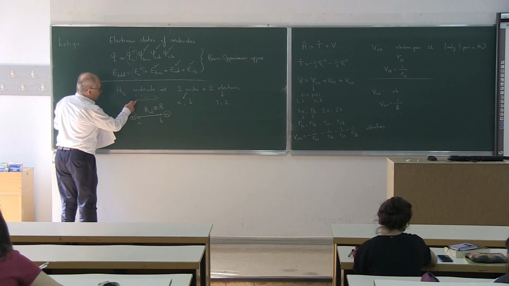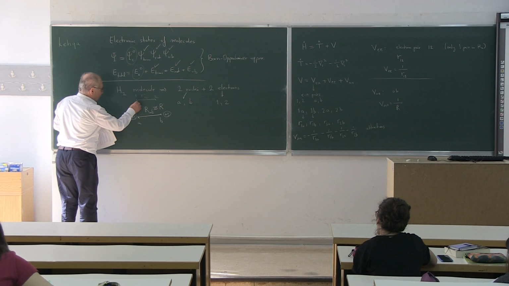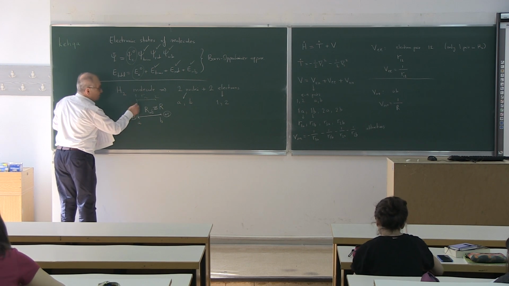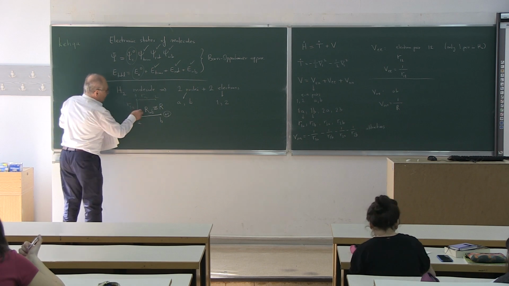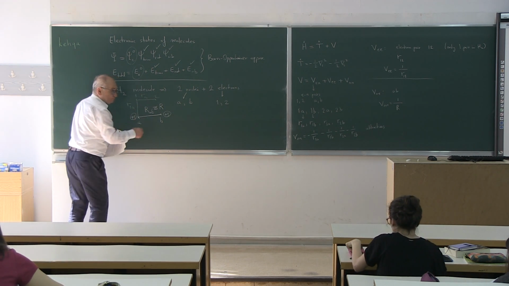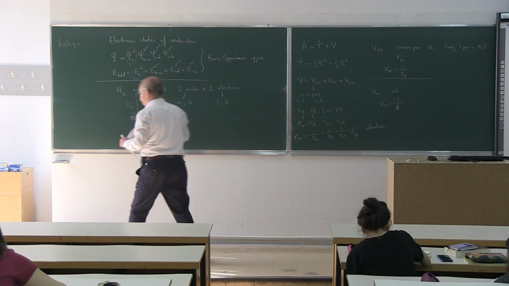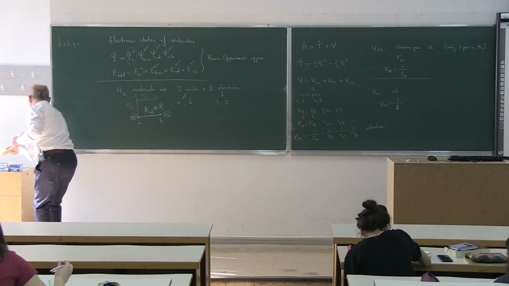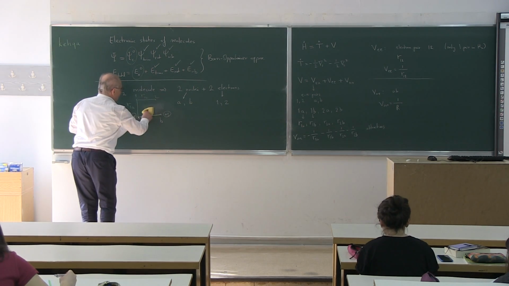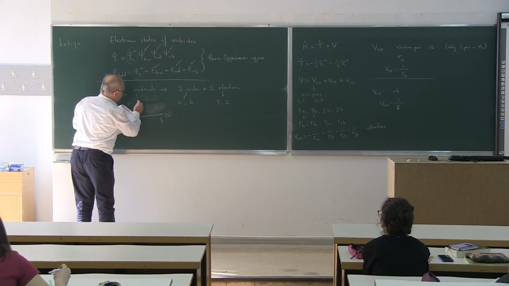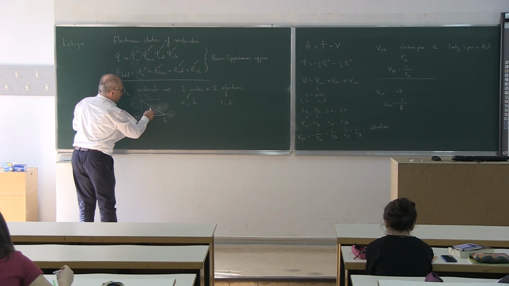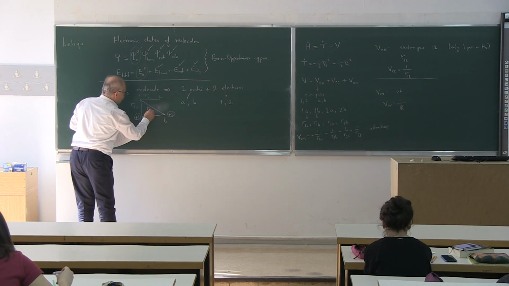Then the distance of this electron to the nucleus A is designated by which symbol? Again, small r, but which electron? First electron. Which nucleus? A. Distance between this same electron and the nucleus B is designated as r1b.